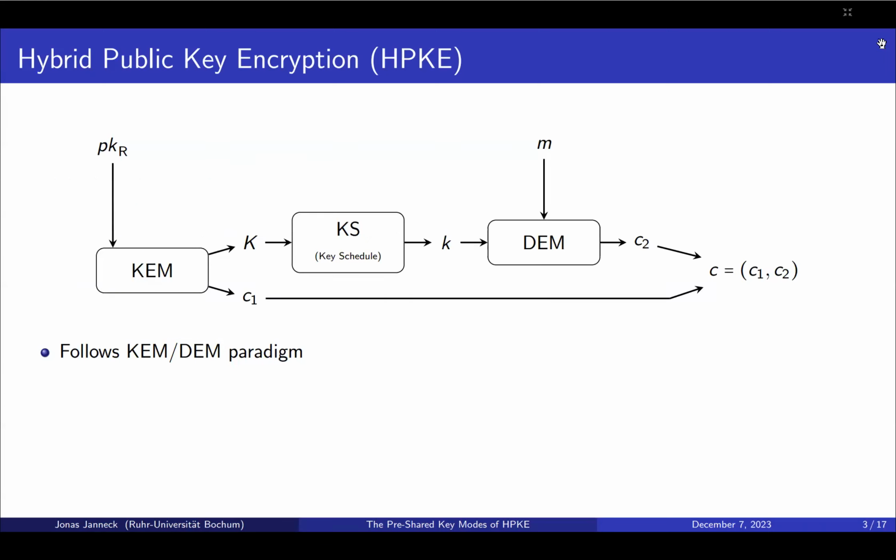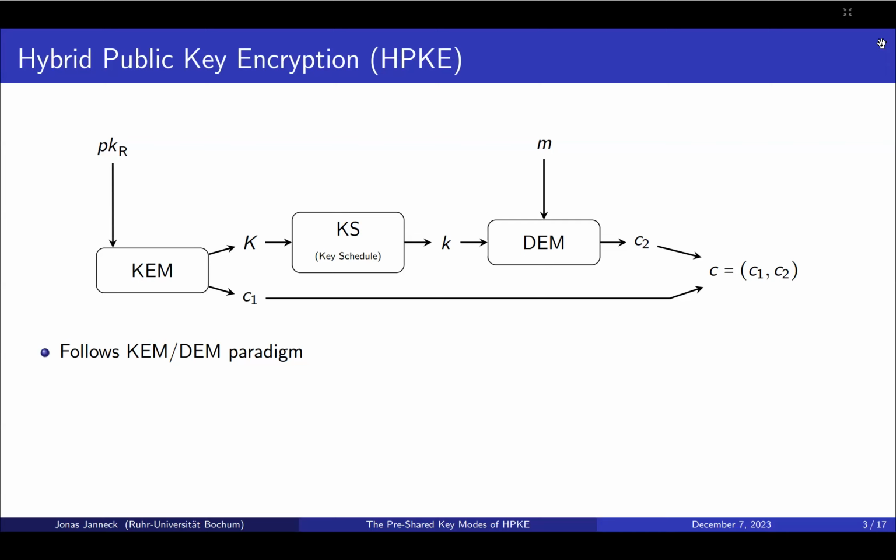Okay, so for this Internet standard HPKE, you can think about it as a KEM-DEM framework. So we start with a key encapsulation mechanism, then we have a key schedule KS. And this produces from the KEM secret a symmetric key. You can think about it as a key derivation function. And the symmetric key is then used to encrypt the message.